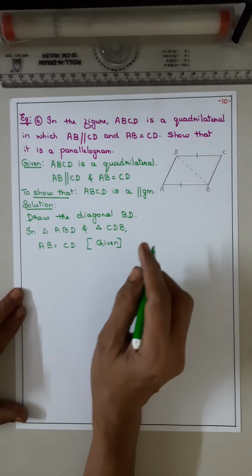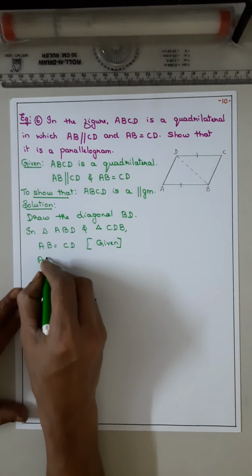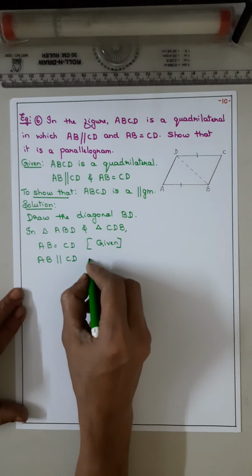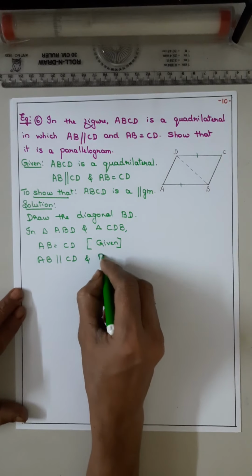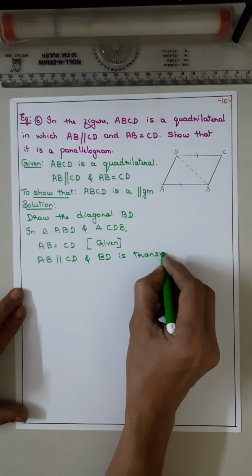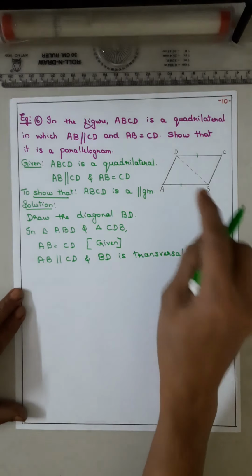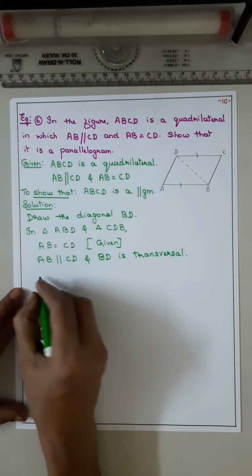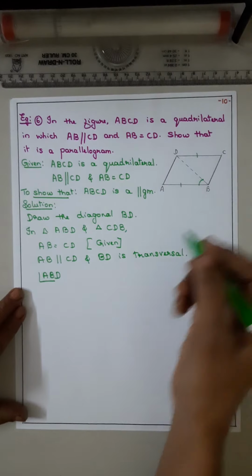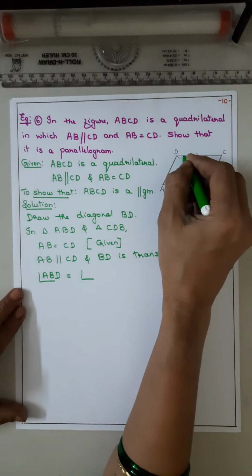Now AB is parallel to CD, and if you think BD is the transversal, then angle ABD is equal to angle CDB.